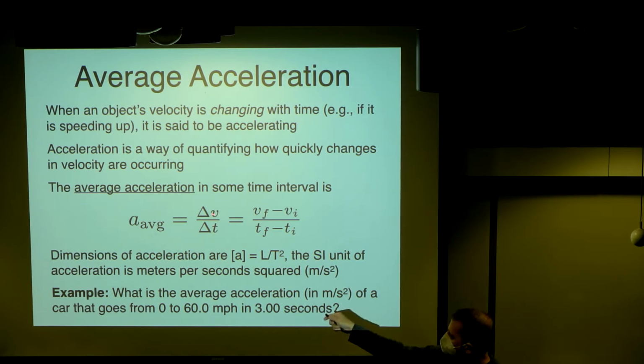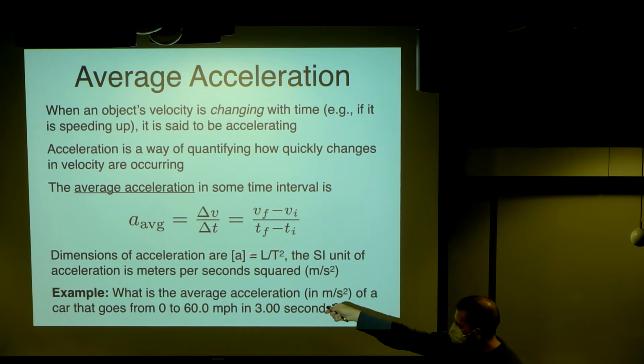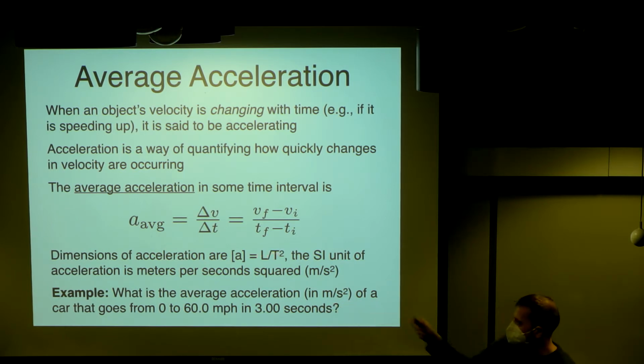But for acceleration, we have length divided by time, and then we're dividing by time again with this delta t on the bottom. So therefore, the dimensions of acceleration are length divided by time squared. And if we're using the SI system of units, we say that acceleration is measured in meters per second squared. So again, we're using meters for length, seconds for time, so our unit works out as meters per second squared.